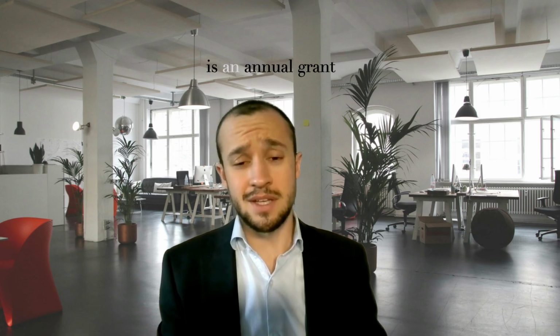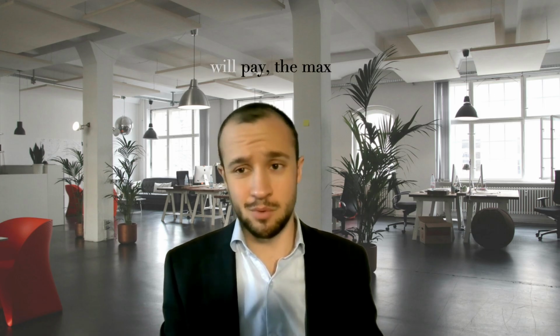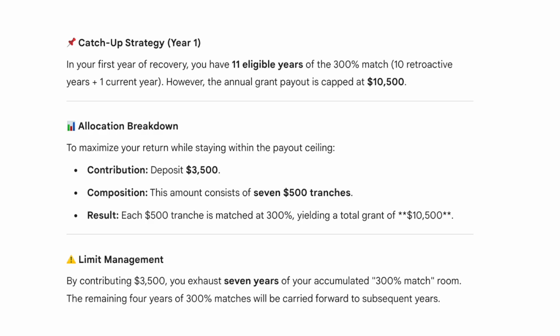But seeing as there is an annual grant limit that the government will pay, the max you can contribute is $3,500, and that will give $10,500 in grants. When you contribute $3,500, it uses up 7 years of your 300% match room. Or in other words, $3,500 is comprised of 7 tranches of $500. This means that if you contribute $3,500 to the RDSP account, you will get $10,500 in grants.